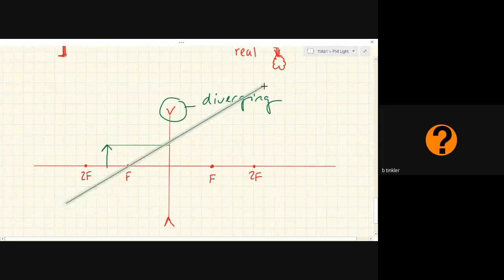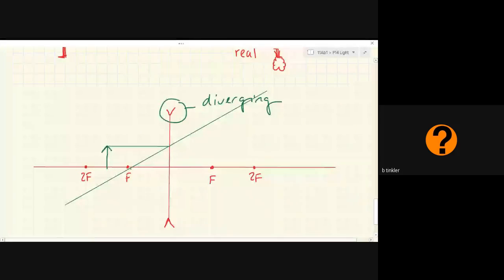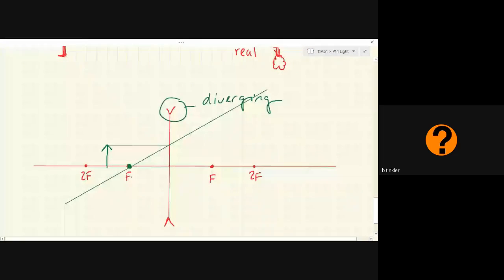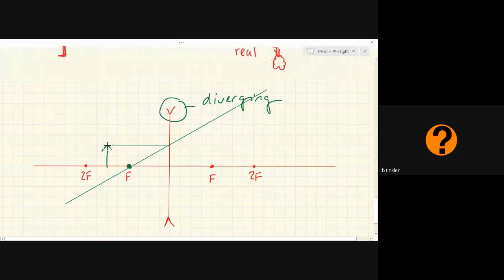It's quite a challenge. It's quite hard for me to draw. This should be going through the focus on this side. This would be a dotted line if I could show you properly. And then we'd have a line that goes to the center of here.